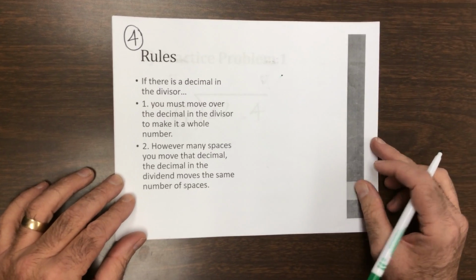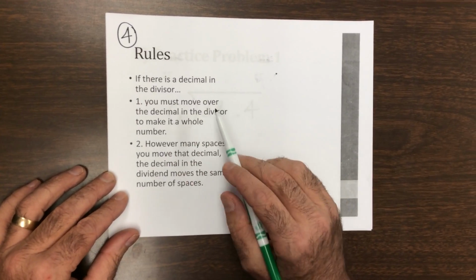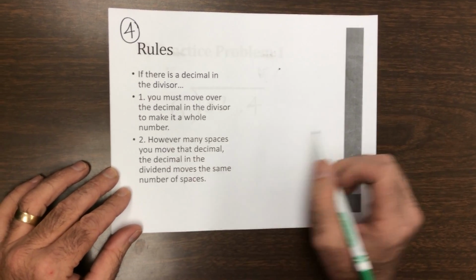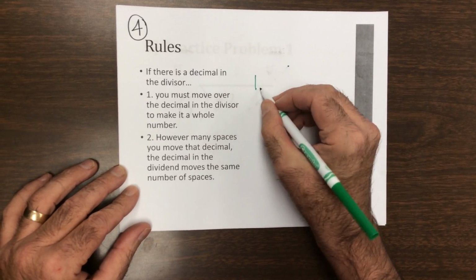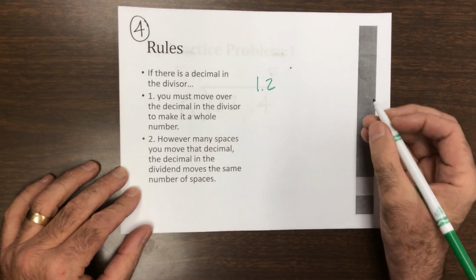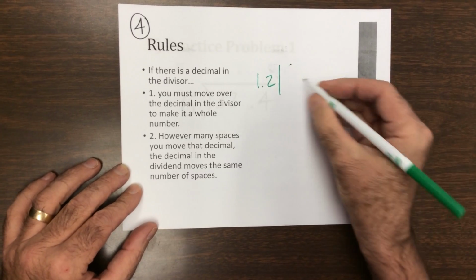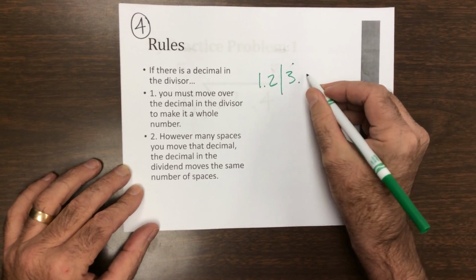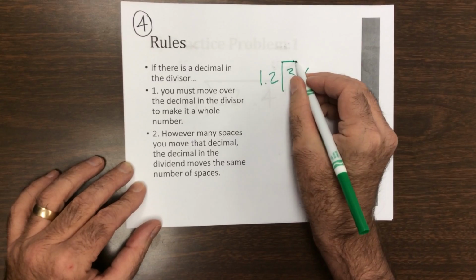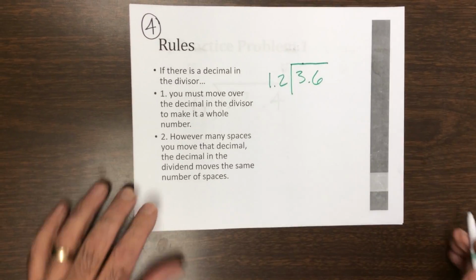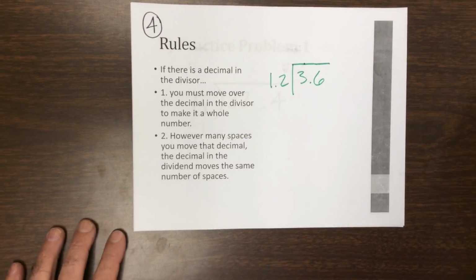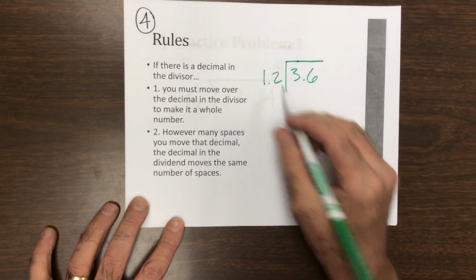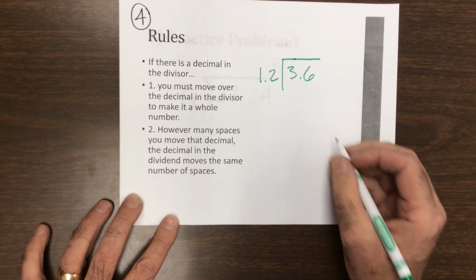Okay, now it's starting to get a little tricky. So if there's a decimal in the divisor, let's go ahead and put a decimal in the divisor as well as the dividend. Okay, so for this type of problem, we went over them today. The first thing you want to do is you want to turn the divisor into a whole number.